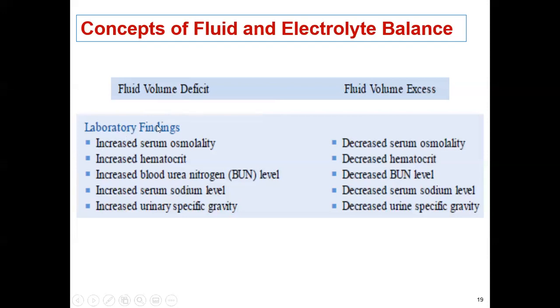But lab results increase: serum osmolarity, because the solution is concentrated with less water; increased hematocrit, because volume is less and corpuscles are more; increased blood urea nitrogen, BUN, less water and more nitrogen product; increased serum sodium level; and increased urine specific gravity.